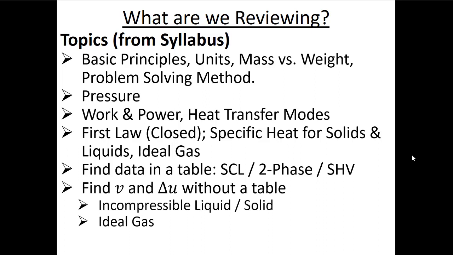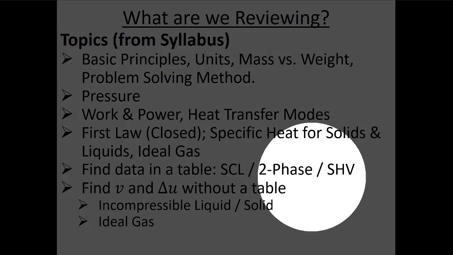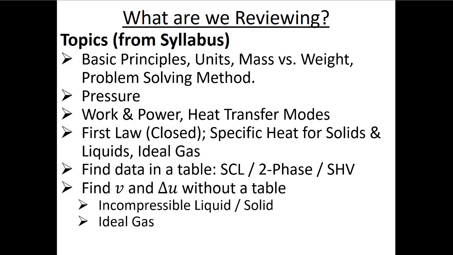So when we're doing this, we ask, what's the fluid? It's always a two-part question. We want to know what's inside of our system. So what's the fluid that we're talking about? And then if the fluid is water, we ask, what phase is that water? Is it subcooled, two-phase, or superheated vapor? Those are the two parts if it's water.